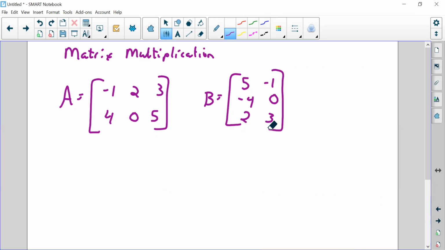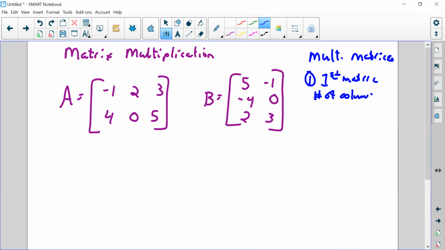But for multiplication, the number of columns in the first matrix must equal the number of rows in the second matrix.